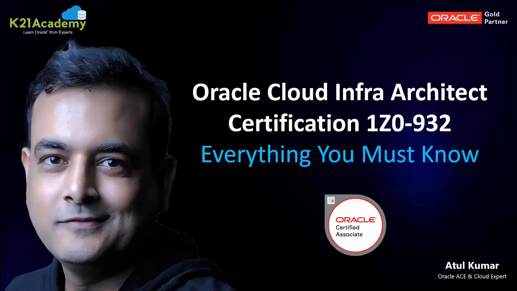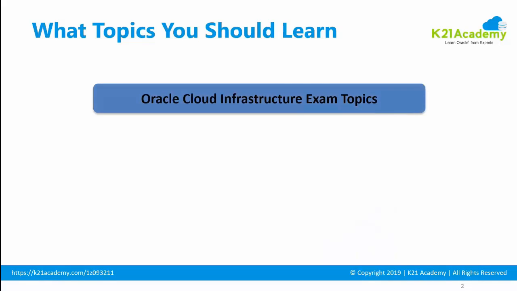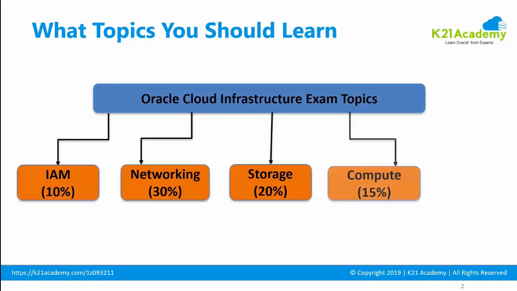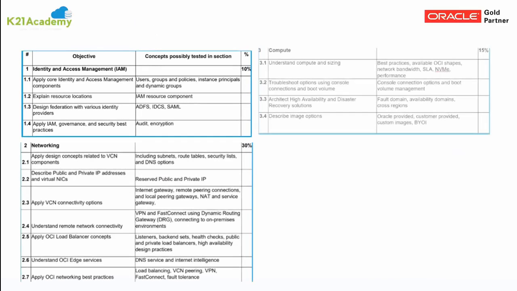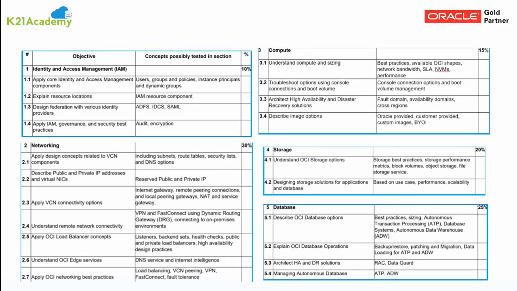So now before I tell you about a free masterclass that you can attend from me on this certification, let me do a quick recap of this entire thing that we have learned today. We started with the fact that there are 5 main topics in the certification program: identity and access management at 10%, networking at 30%, storage 20%, compute 15%, and database 25%. These were the detailed topics within that.